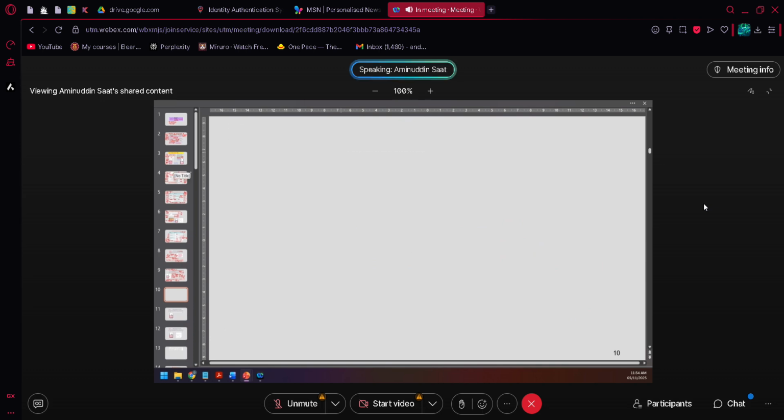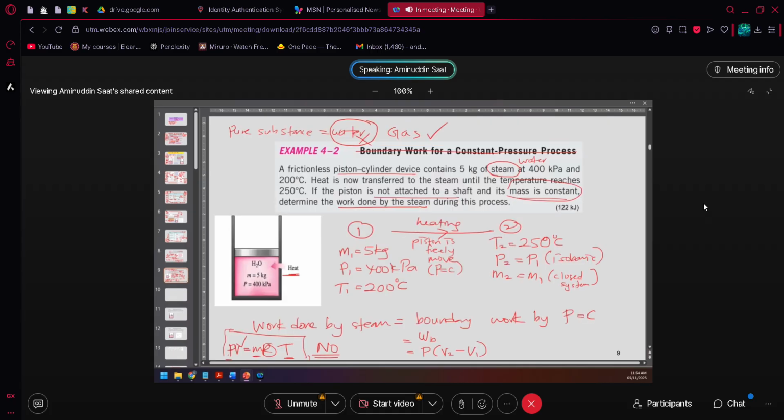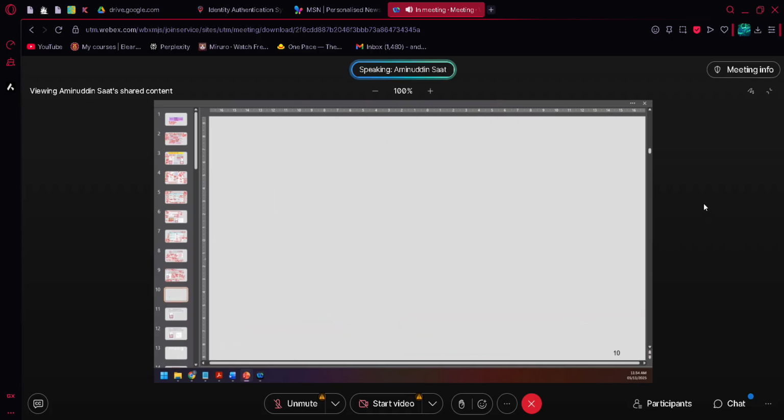So back to the original equation: boundary work equals P(V2 minus V1). We need to find the specific volume, because we know that V equals the specific volume multiplied by mass.